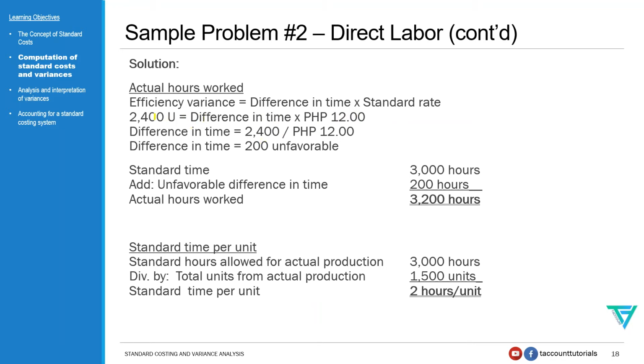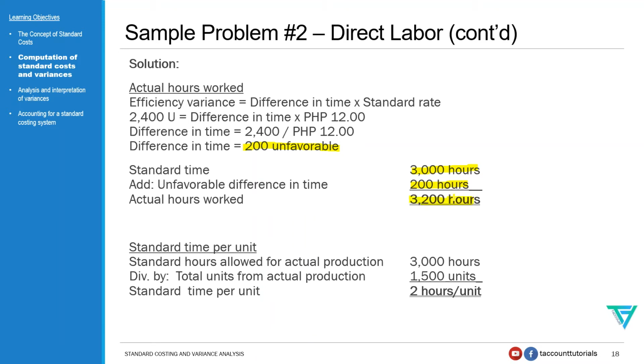If we transpose the 12 pesos to the other side, we get the difference in time as the requirement, and we arrive at 200 hours unfavorable variance. Remember guys, we are trying to work back for the actual hours. We arrive at the standard time of 3,000 hours, and then we add the unfavorable difference in time of 200 hours, and all in all we get 3,200 hours as the actual hours worked.